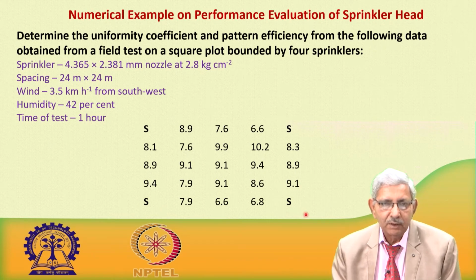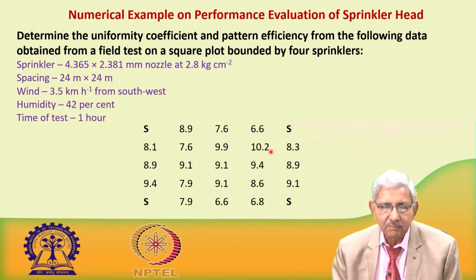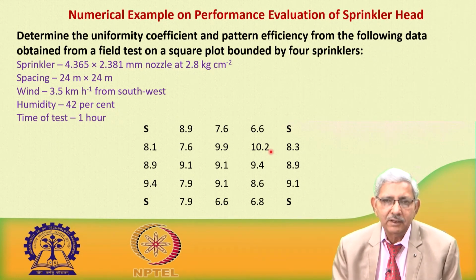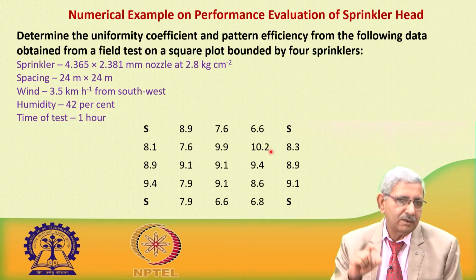So, this sprinkler system is kept at appropriate locations, and then at the center of each grid these data have been collected. These data can be in milliliters, or simply one can say that these data are in millimeter depth of water collected in a can.